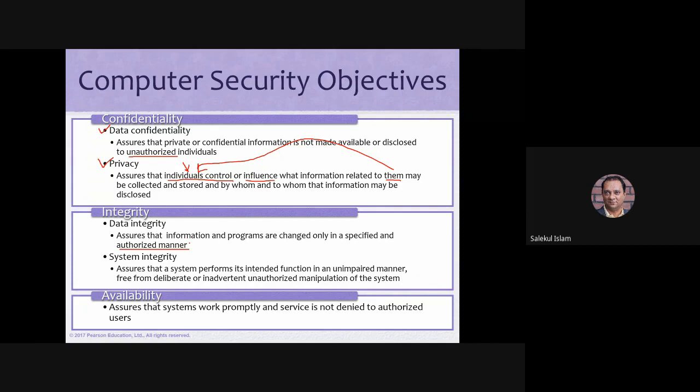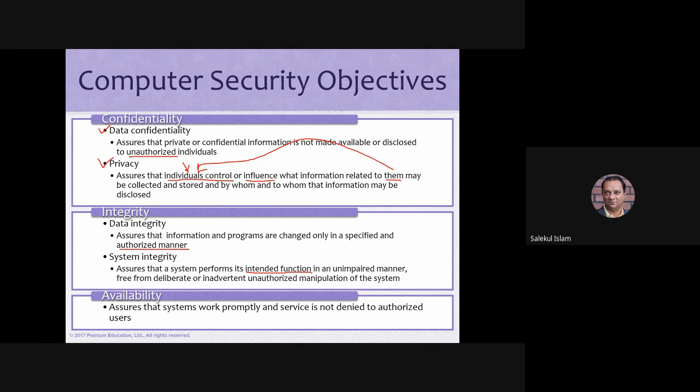Okay, so system integrity means a system will perform its intended function. Say I have written software, a code to do something, maybe to sort 1000 numbers in ascending or descending order. Definitely it will always give me the correct result.